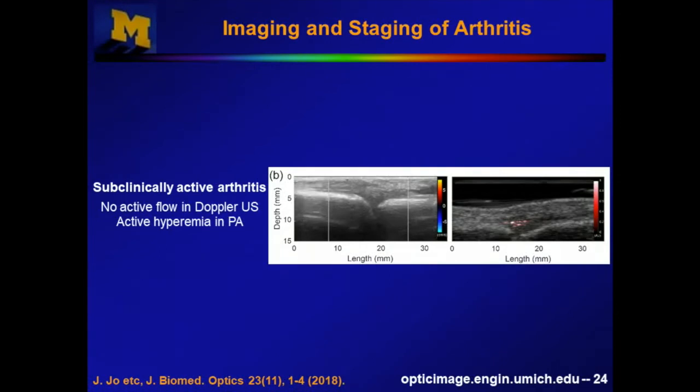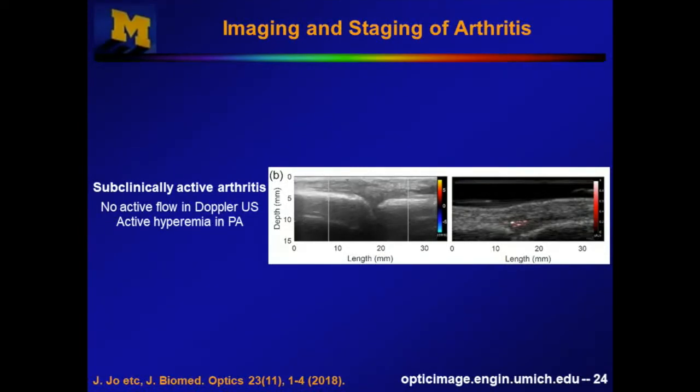Subclinical active arthritis means that this patient was recruited by the rheumatology clinic, which confirmed that they do have inflammation in their finger joints. However, as you can see in the left image, we cannot detect the inflammation using ultrasound. That's because this patient has already started some treatment, so their joint activity is not very high, and there is no active flow in ultrasound.